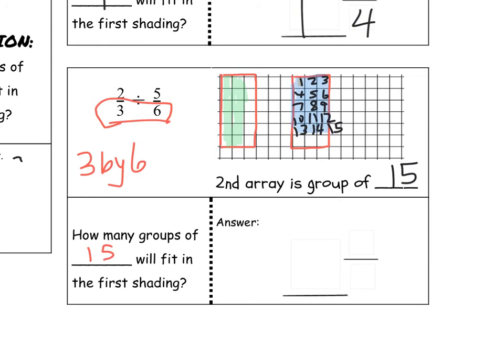Well, I look at my first shading, and my first shading is only 1, 2, 3, 4, 5, 6, 7, 8, 9, 10, 11, 12. 15 is more than 12, so 0 groups of 15 are going to fit into my shading. But what I do have is 12 of the 15 left over. So my answer doesn't have any whole numbers. It's just the fraction 12 over 15.